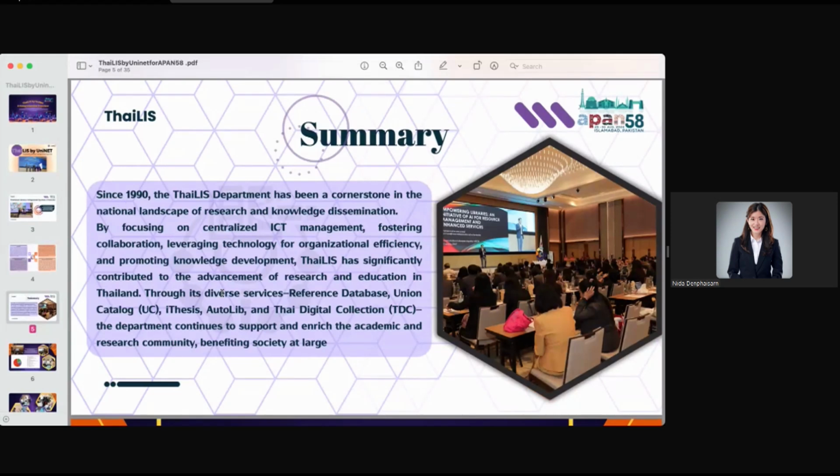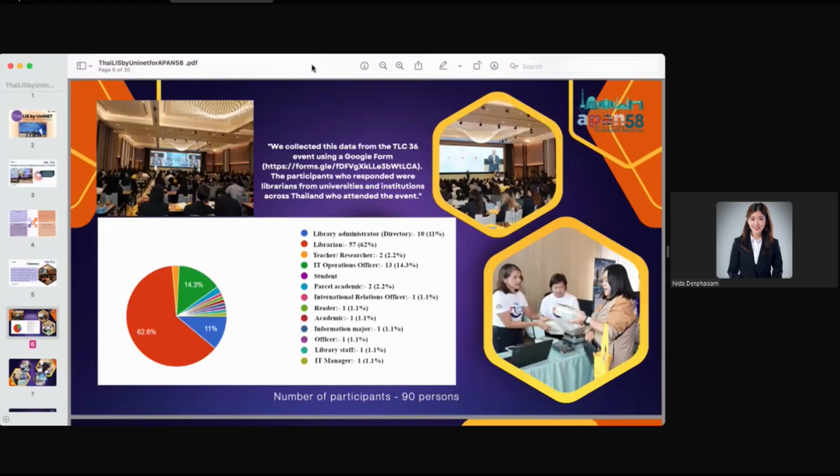And we continue to support and enrich the academic and research communities, benefiting society at large. Okay, from APAN57, I got information from Dr. Chai that we should gather data from our users to see their pain points.